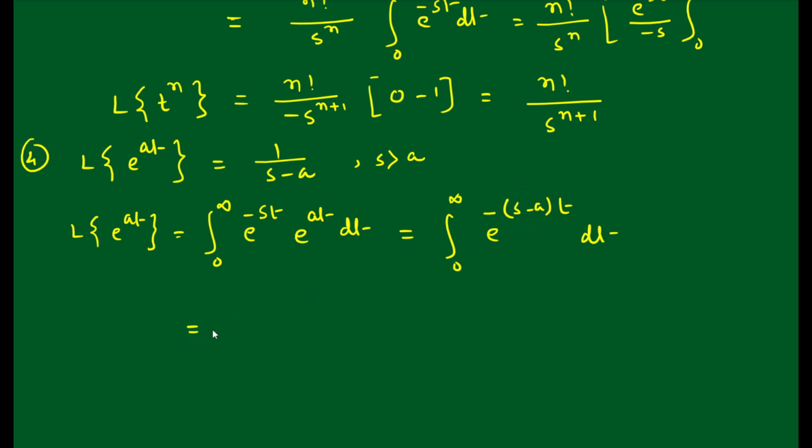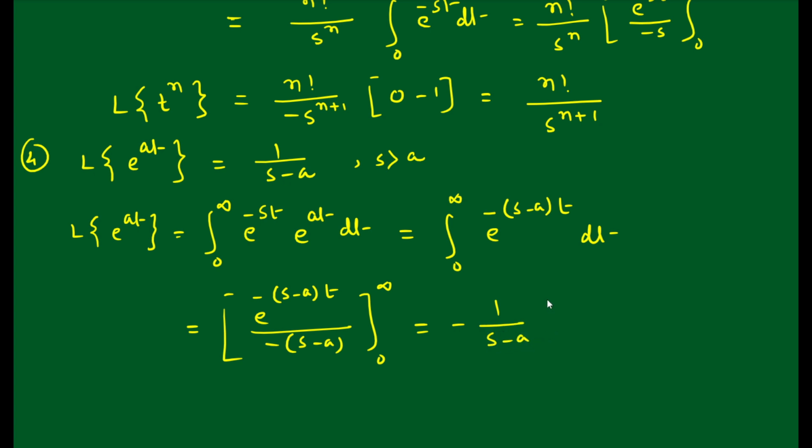So let us integrate it. So e to the power minus (s minus a) t divided by minus how much, s minus a, between the limit 0 to infinity. So ये जो constant है इसको हमें अभी बाहर लेके जाना है, minus 1 divided by s minus a. So the remaining term is e to the power minus (s minus a) t between the limit 0 to infinity.